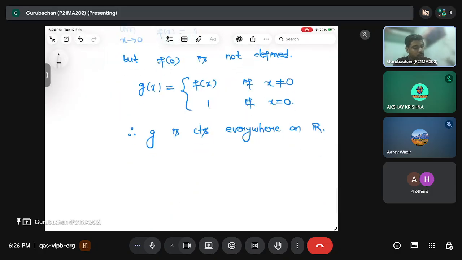Okay. Next is jump discontinuity. What is jump discontinuity?